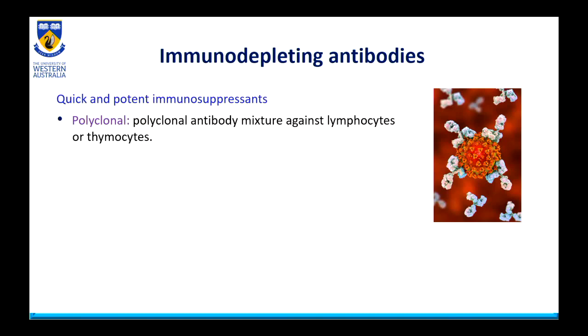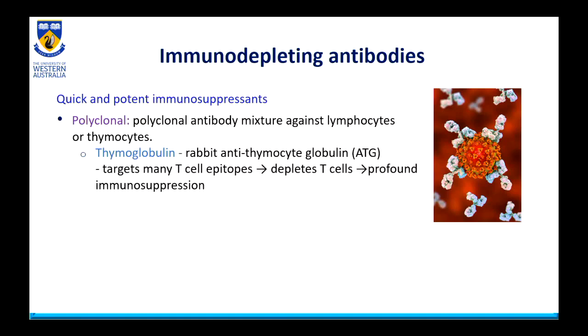Okay, well, B cells, but mainly T cells, and thymocytes. And the most common one that's used is thymoglobulin. It's a rabbit anti-thymocyte globulin, and it's used to deplete T cells mainly. It targets many different T cell epitopes, and it depletes T cells, and it has a profound immunosuppressive effect.